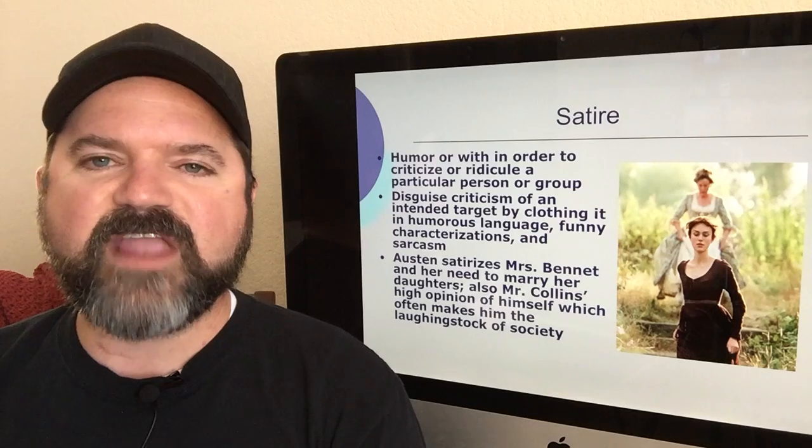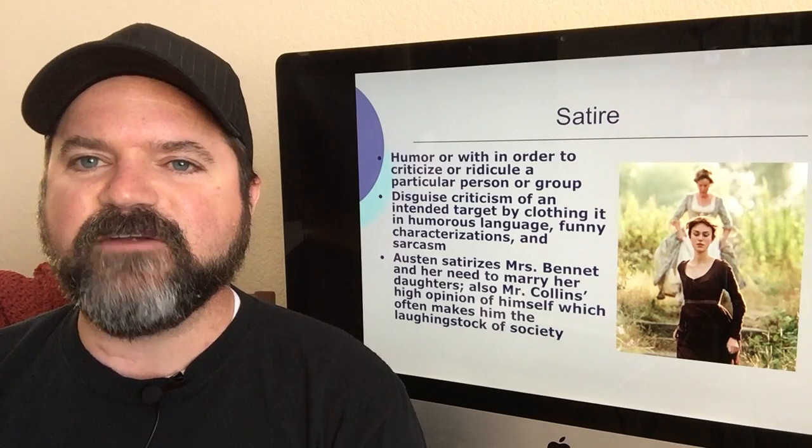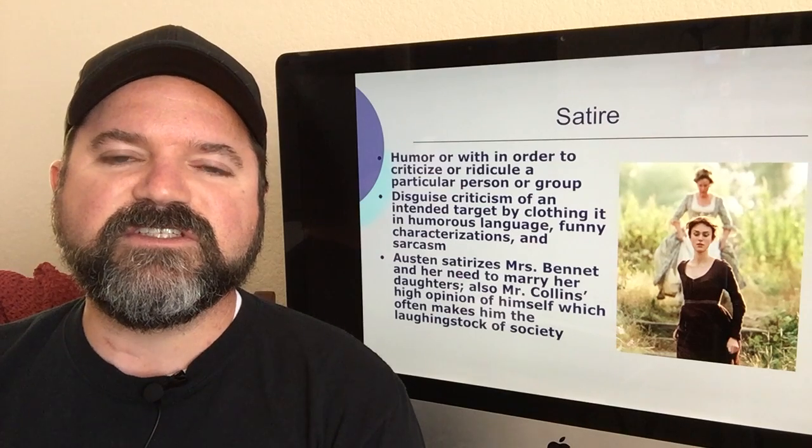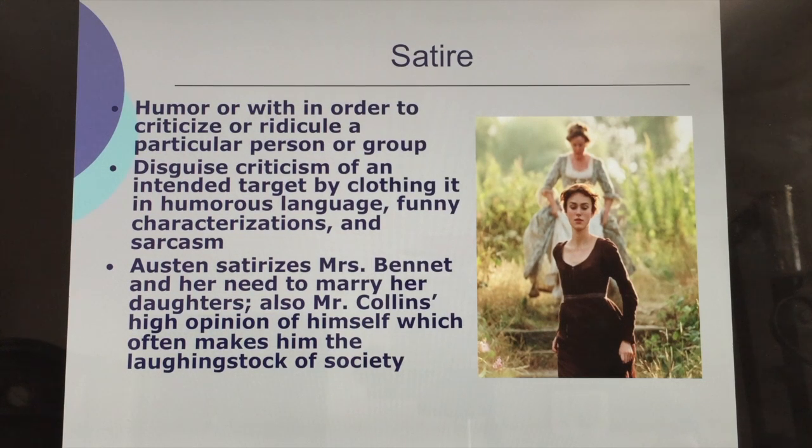Also, sarcasm is an element of satire. So Austen is satirizing Mrs. Bennet and her need to marry her daughters off. In the very first chapter, when Mr. and Mrs. Bennet are talking, pay attention to see that if it seems a little bit silly and crazy, it's because Austen thought so. That's what she was trying to say.